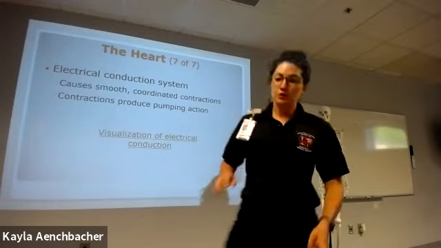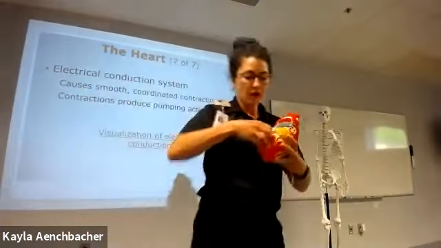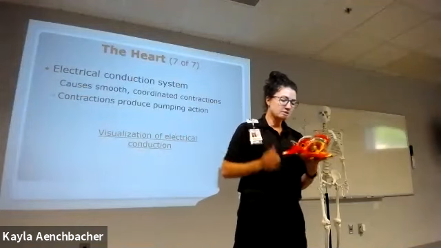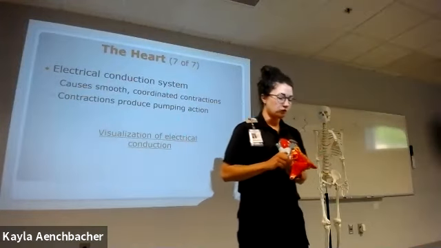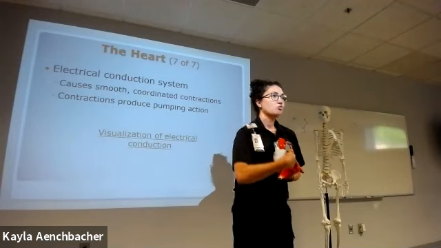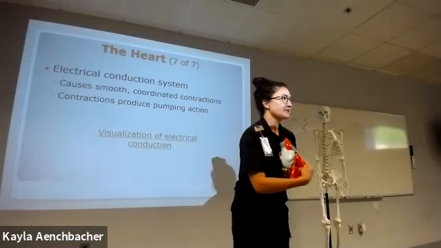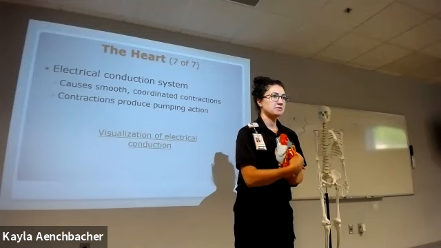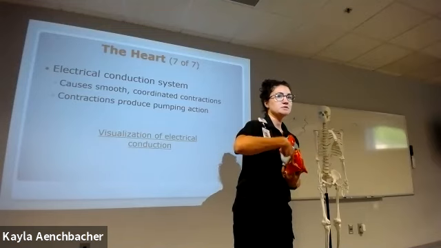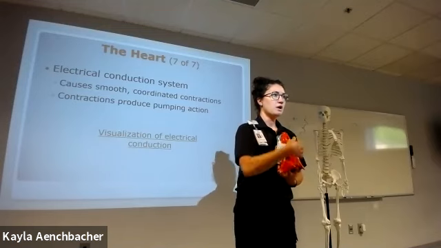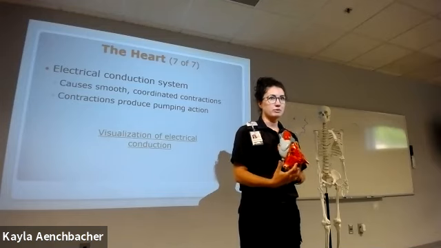All right, so through the rest of the heart, there's a couple of things like the bundle of His. We're not going to go into that with you guys. But wrapping around the septum and around the points of the ventricles are things called Purkinje fibers.